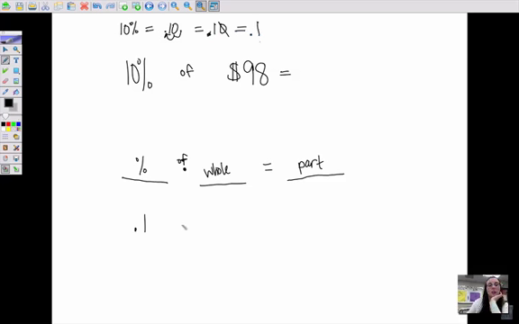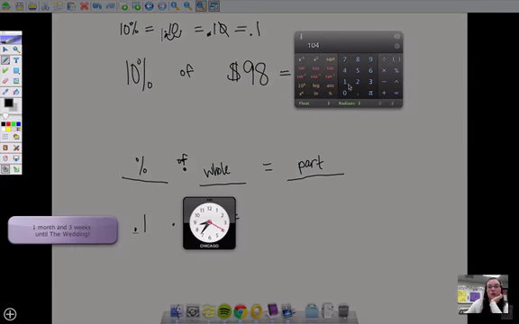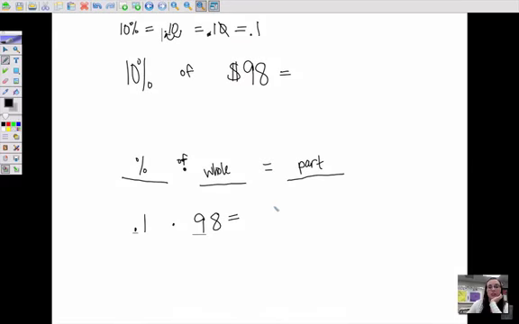Okay? Multiplied by the whole amount, which is 98 this time, and then I'm going to get my part by doing 0.1 times 98. So that would be 9.8. So on a $98 bill, if you wanted to leave a 10% tip, you'd leave $9.80. You'd add that onto your total, okay?